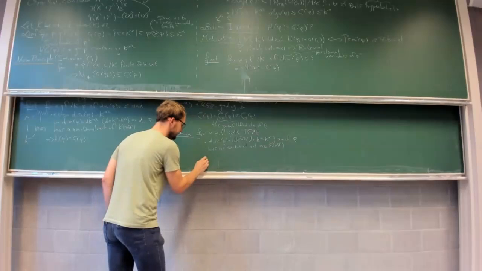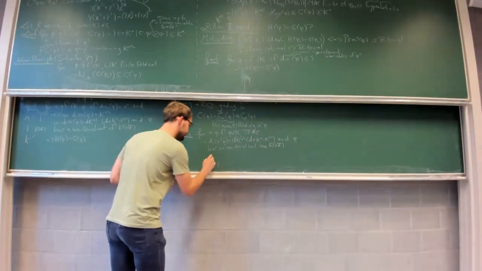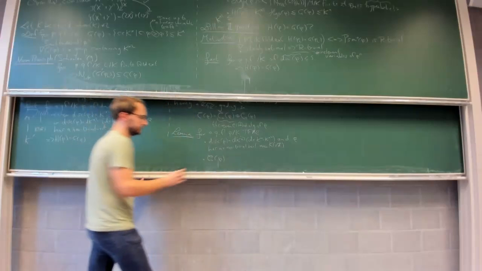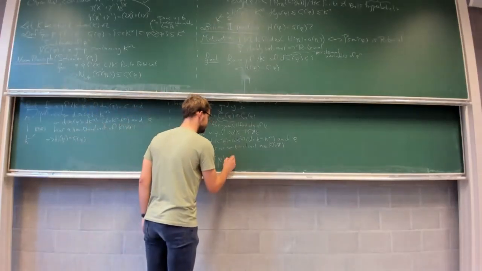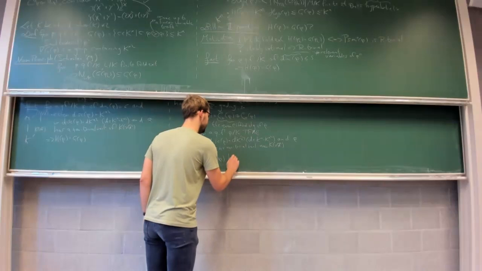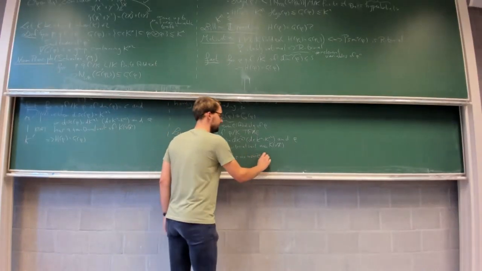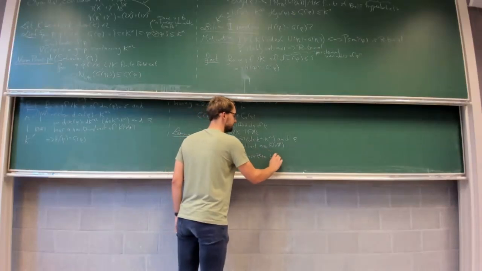This turns out to be equivalent to this even Clifford algebra C_0(phi) being a division algebra. That is to say, it has no non-zero zero divisors.